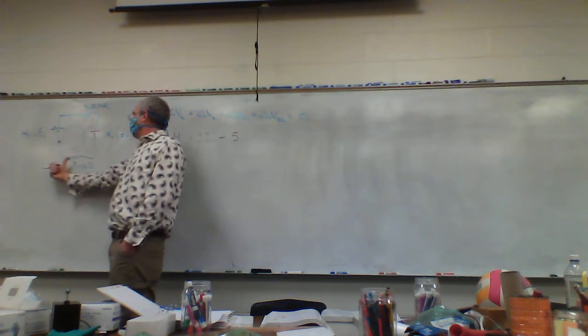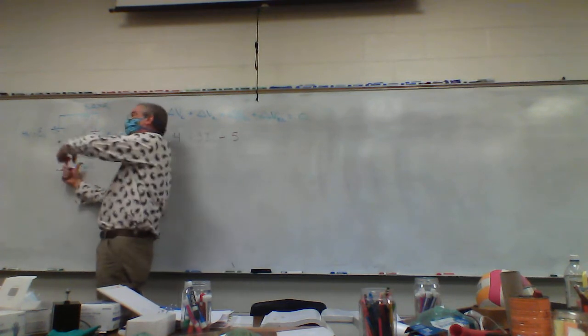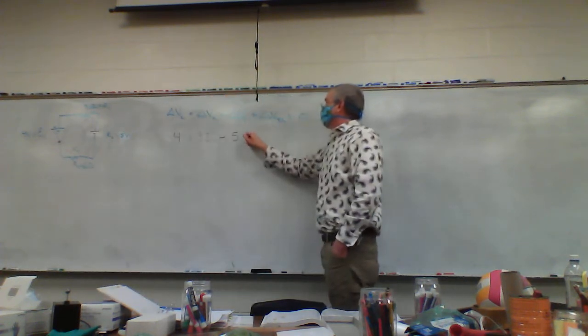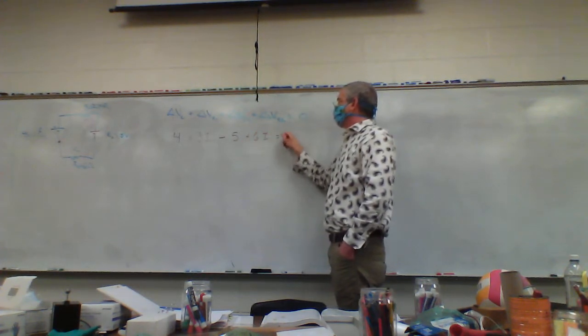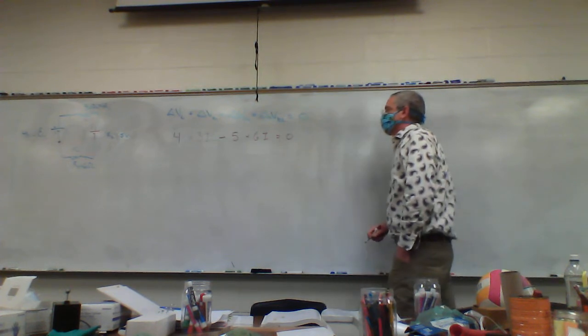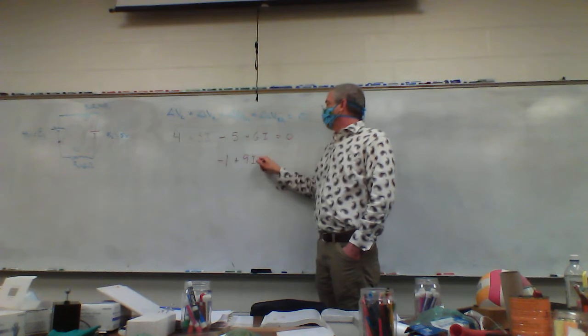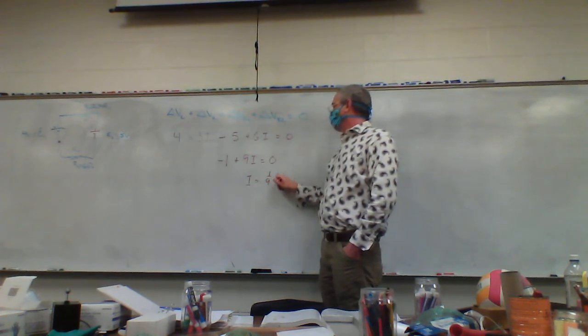The current is going to the right across this one, but my loop here is going to the left. I'm going against the current. Plus 6I equals 0. So negative 1 plus 9I equals 0, or I equals 1/9 amperes.